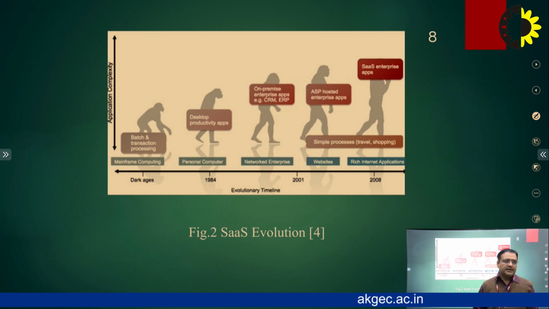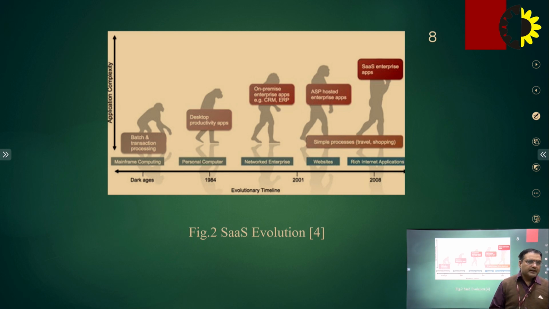Dark ages, 1984, 2001 and 2008. Here we are displaying the slides, the evolutionary timeline and application company: batch and installation processing, transaction processing, desktop productivity apps, on-time enterprise apps, CRM and ERP, ASP hosted enterprise apps and SaaS enterprise apps.